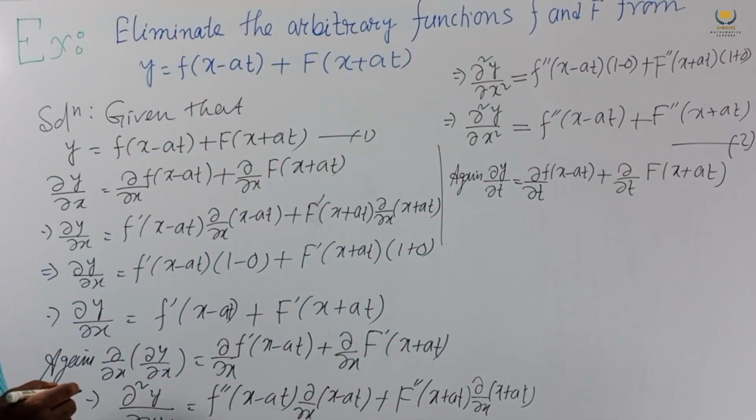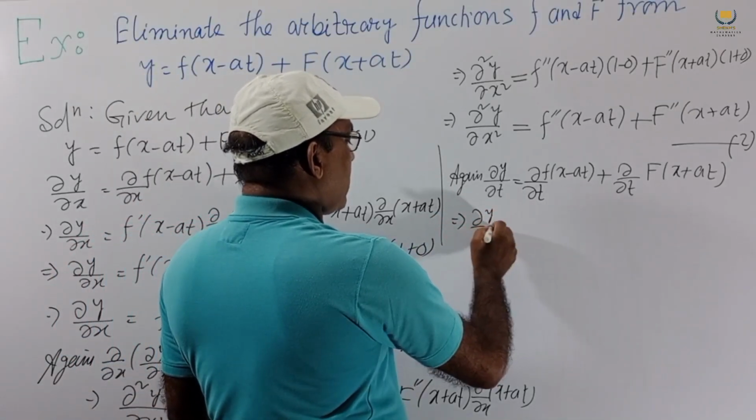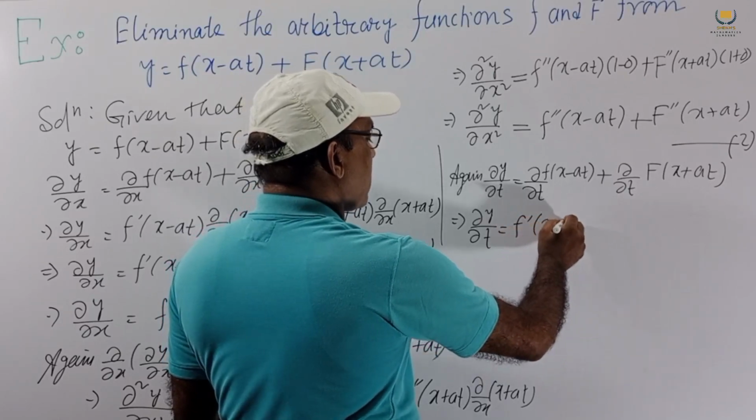We get this, and this implies ∂y/∂t = f'(x − at).